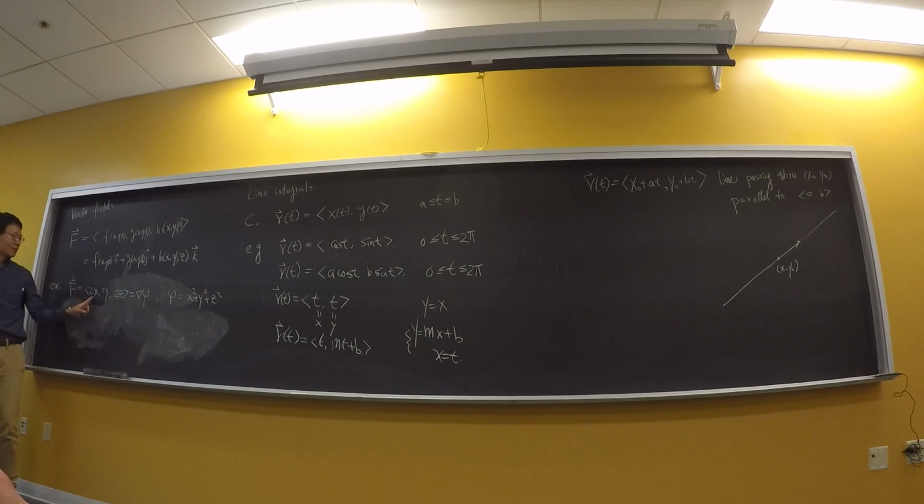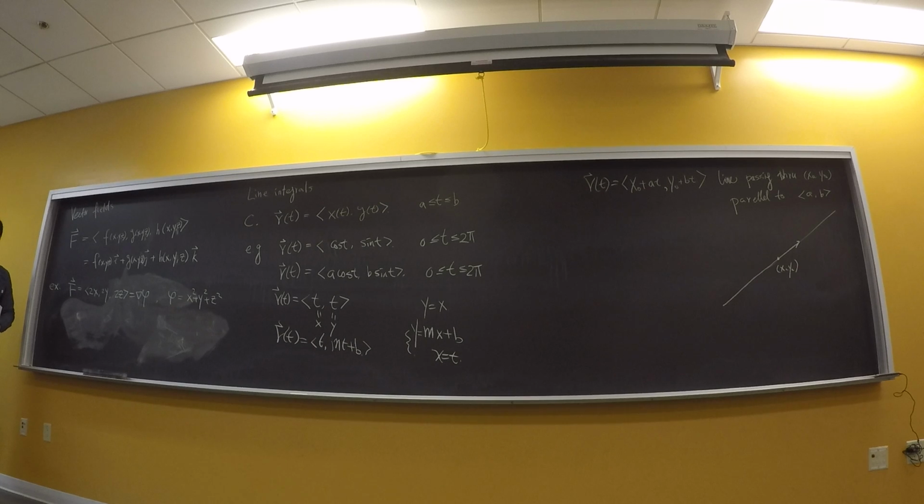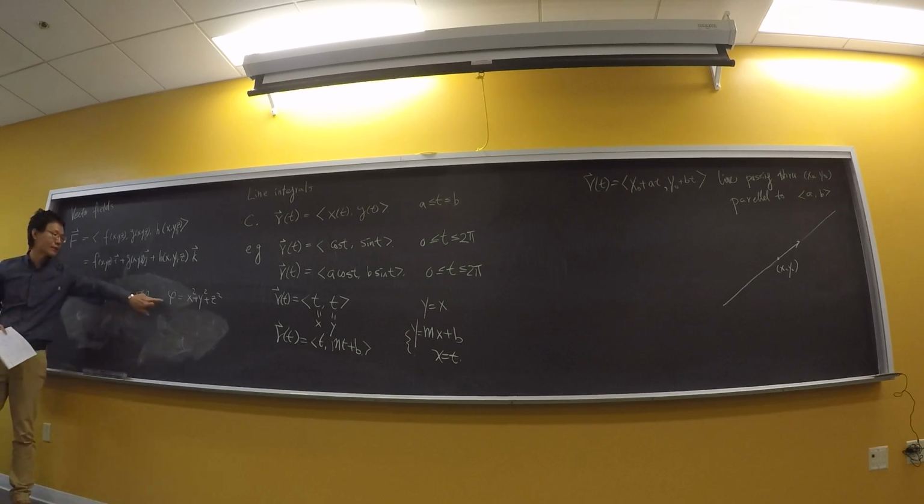So I take the x derivative, y derivative, and z derivative. Okay. So today we'll be able to not only discuss conservative vector fields in R2, but also in R3. So in R3, the problem is the same. Given any vector field, how can we determine whether it is conservative or not? If it is conservative, how do I find that particular parent function?